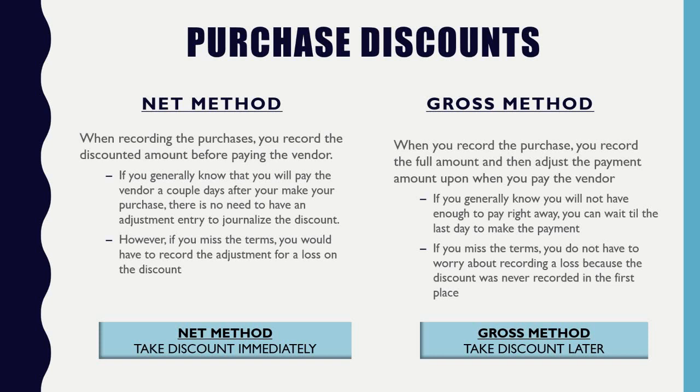With the net method, you calculate the total amount by taking the discount right away. You include that as part of the purchase price, assuming you will pay on time, meet the discount date, and get that discount.